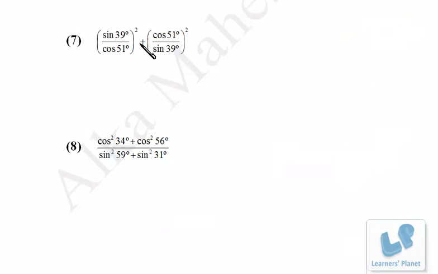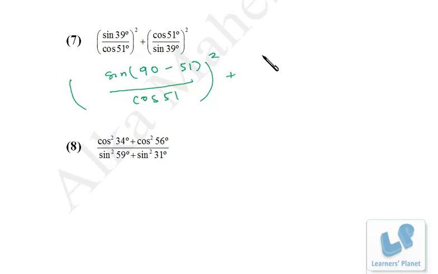Similarly, friends, let's solve this problem. Sin 39, 39 can be written as 90 minus 51. I'm just writing 39 as 90 minus 51, by cos 51, square, plus cos 51 by sin(90 - 51), right?